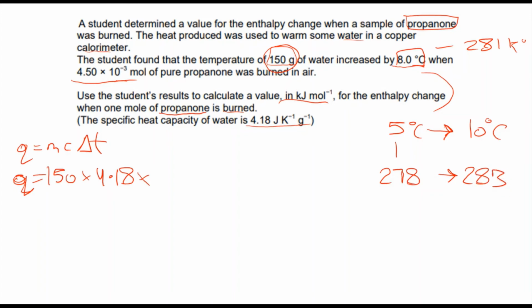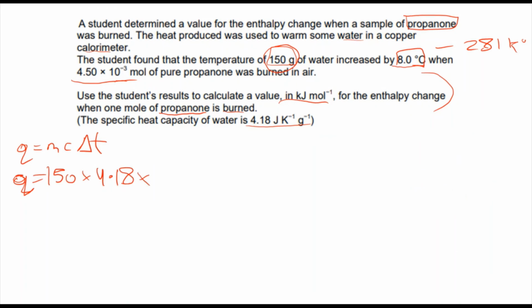When we calculate the temperature change for both of these, 10 minus 5 is 5 degrees Celsius, and 283 minus 278 is still 5 degrees Celsius. So we still have the same temperature change. That's why we do not need to convert the temperature change into Kelvin. If we've been provided with Celsius, this will be fine.